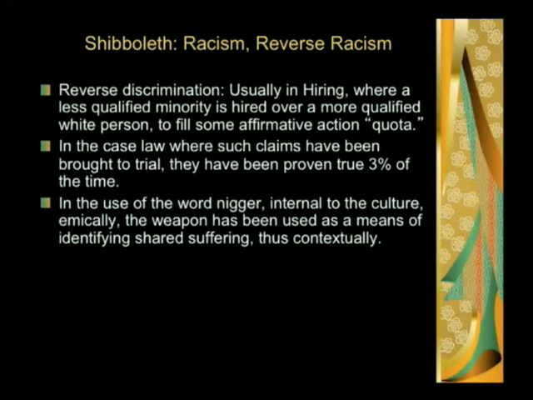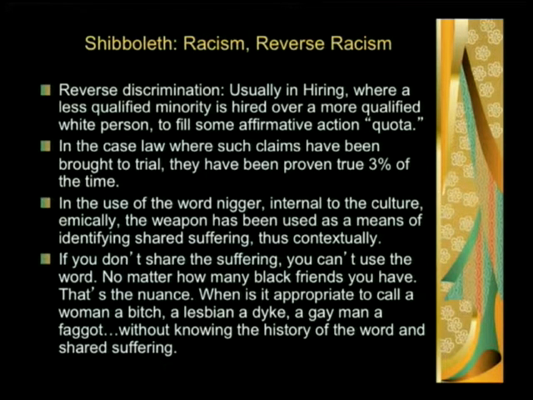So, in the case of the word, for example, the N-word, is internal to the culture emically, but it has been used as a weapon, as a means of identifying shared suffering. Thus, contextually within the culture, the word is allowed, right? But outside of the culture, it's a weapon. Okay?